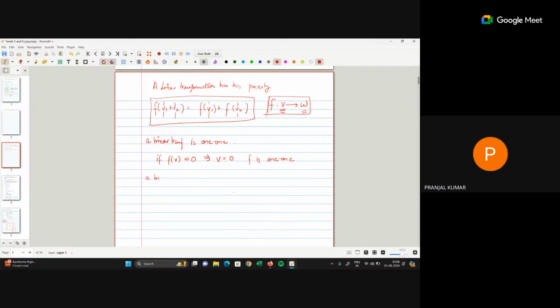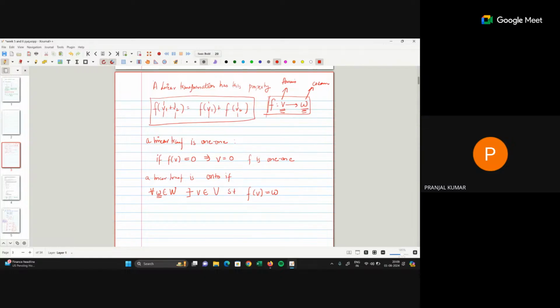A linear transformation is onto if for all w, small w belonging to capital W, that is, for all vectors belonging to your codomain, there exists v belonging to your domain such that f of v is equal to w. So this is what is meant by onto.